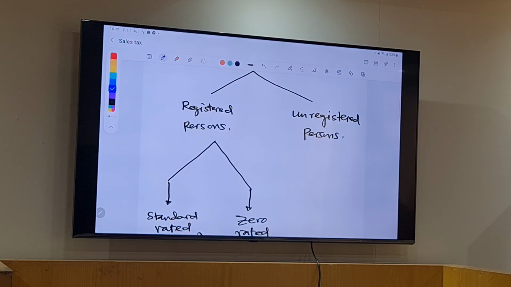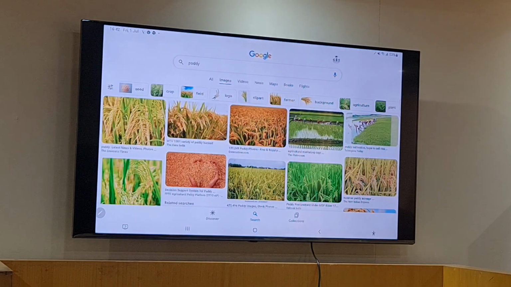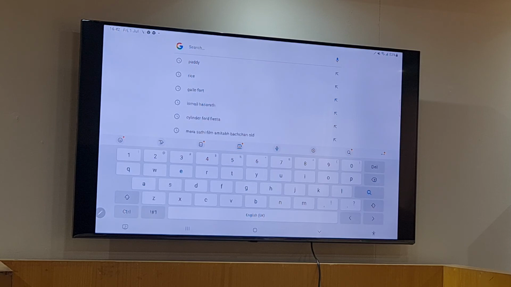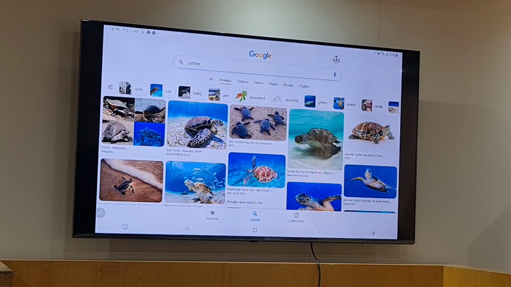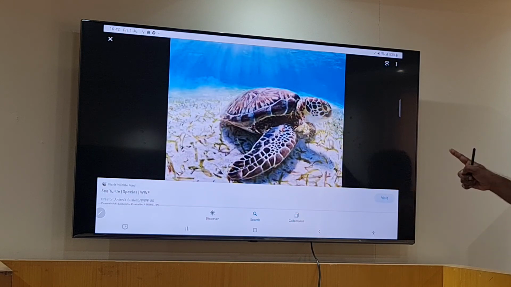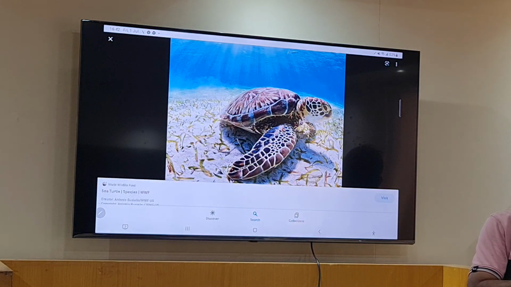That's another interesting point to talk about. You know the turtles, the mountain turtles? You can Google it. Understood? The department will never pay you back easily.